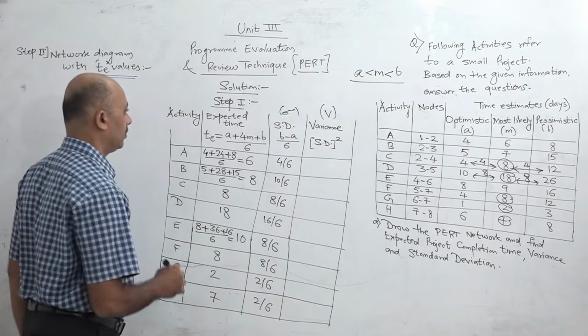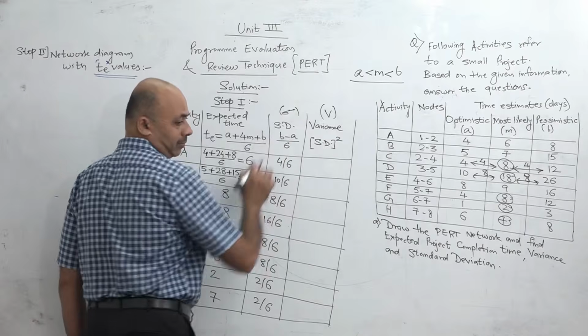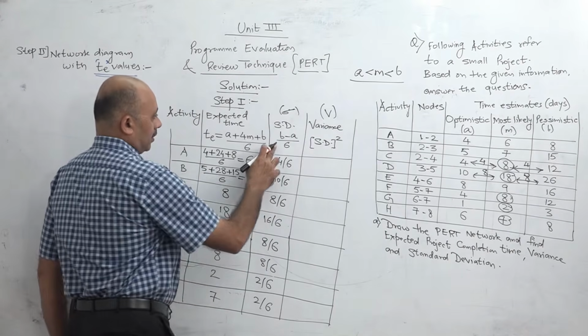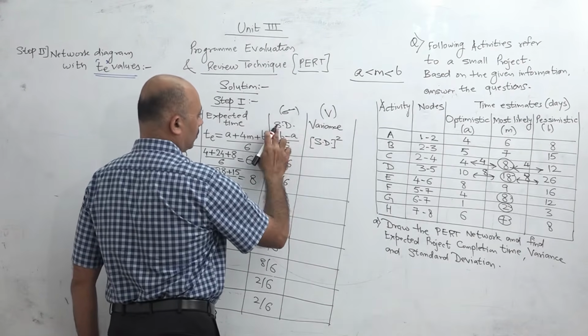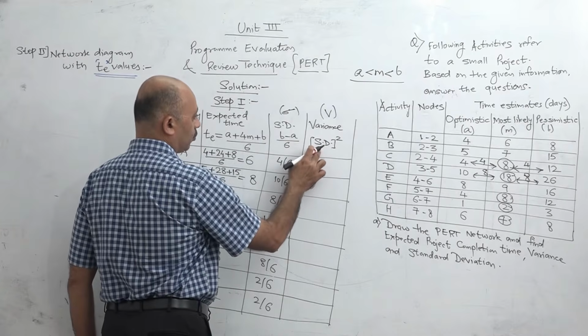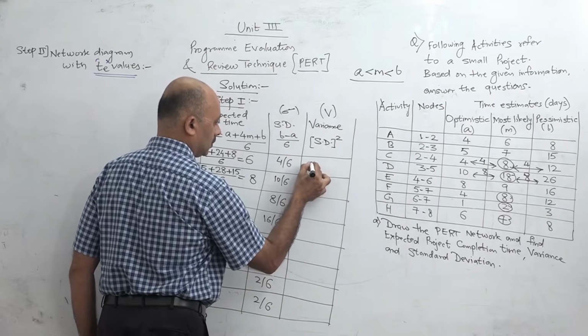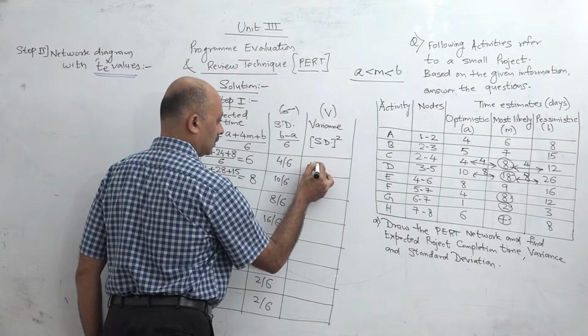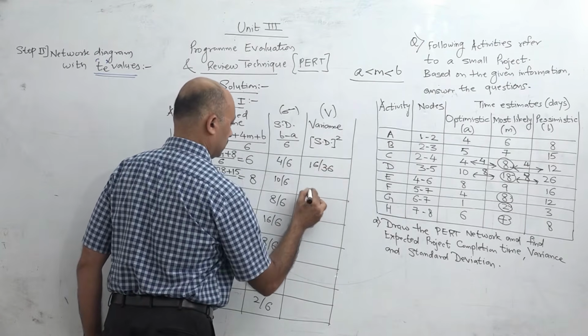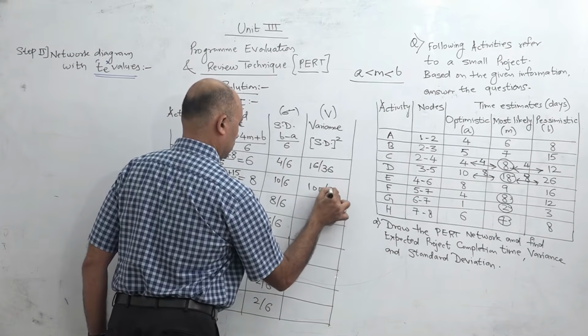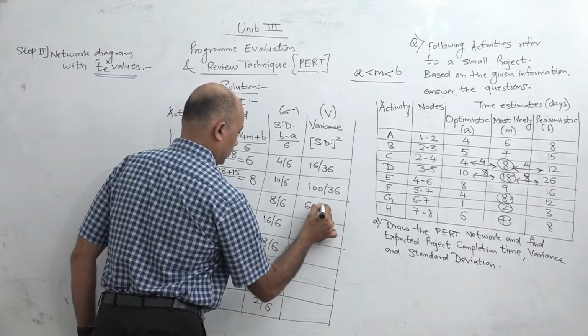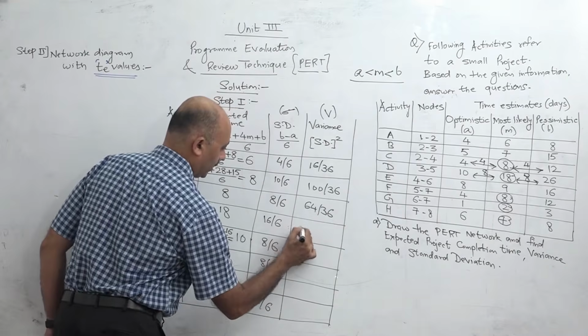This is the standard deviation which is represented by sigma. The next is variance. Variance is the square of standard deviation or sigma square, and it is represented by V. So we square the values. So these are the squares.